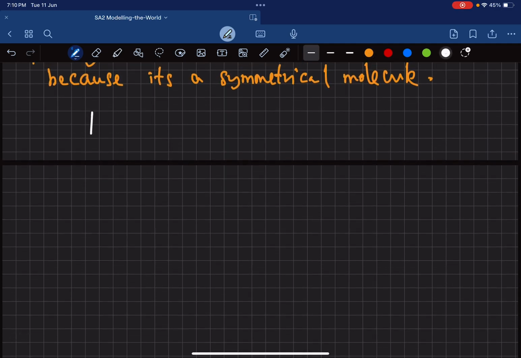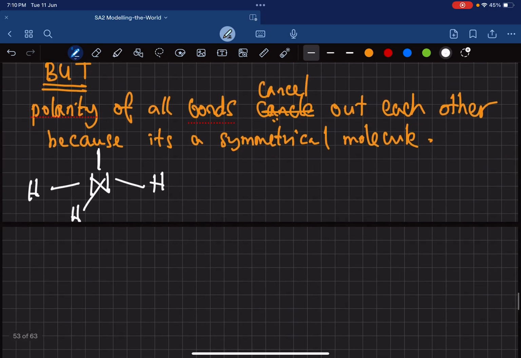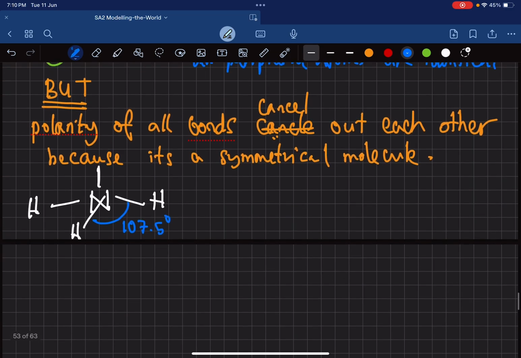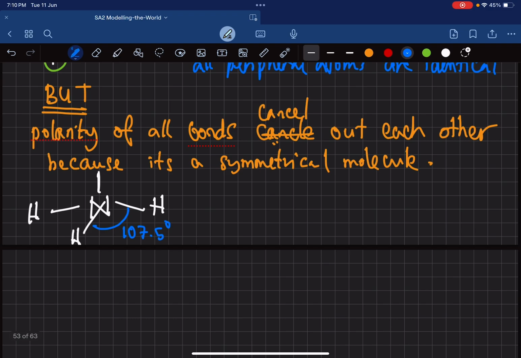So, earlier on we drew ammonia, it has hydrogen, hydrogen, hydrogen, right? But what do we know about it? Again, all the peripheral atoms are the same. This bond angle is 107 or 107.5, depending on which book you're reading. The angle between hydrogen, nitrogen, hydrogen is 107.5.